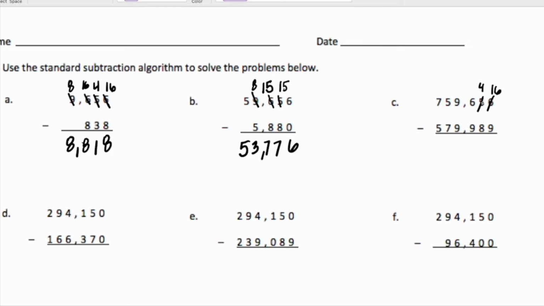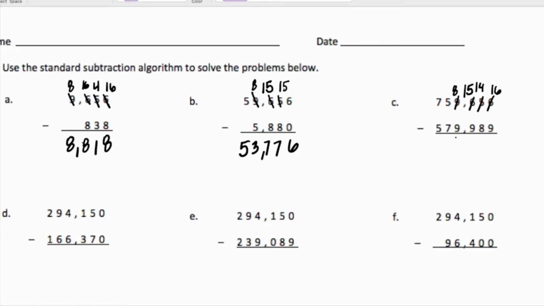Can't do 4 minus 8. So I'm going to take from the 6. 6 becomes 5. And the 4 becomes 14. Now I can do 14 minus 8. I can't do 5 minus 9. So I'm going to take from the 9. 9 becomes 8. And this 5 becomes 15. Now I can do 15 minus 9.